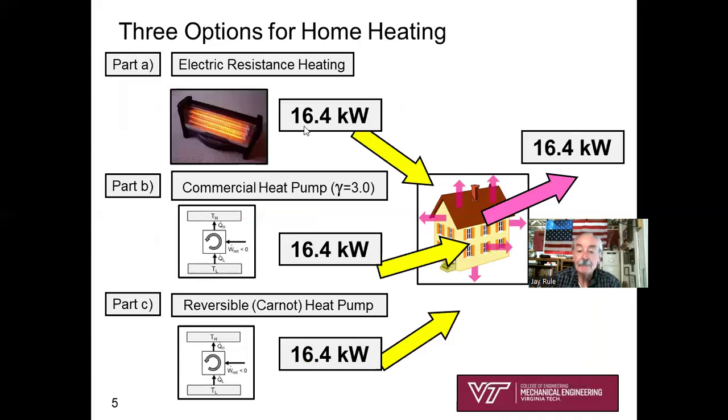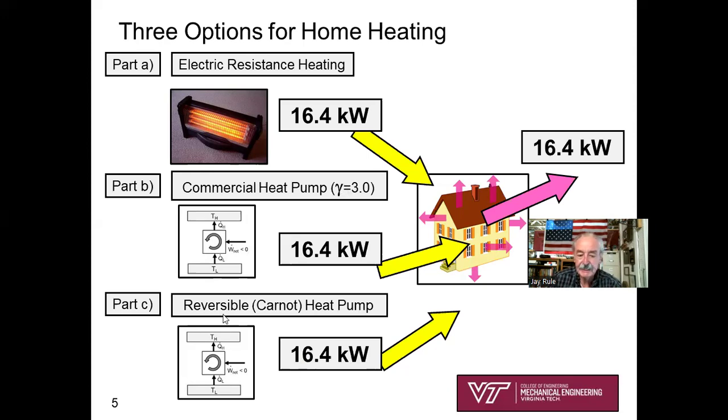Now back to our problem at hand. There are 3 options for home heating, and this is where a number of students have gotten tripped up in the past, so I want to make this painfully clear. We've got parts A, B, and C. Part A, electric resistance heating, also known as baseboard heating. Part B, a commercially available heat pump that we can buy off the shelf with a coefficient of performance of 3.